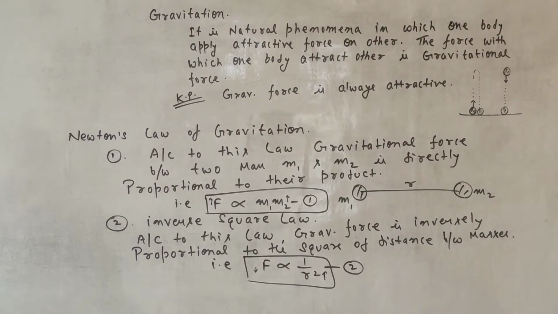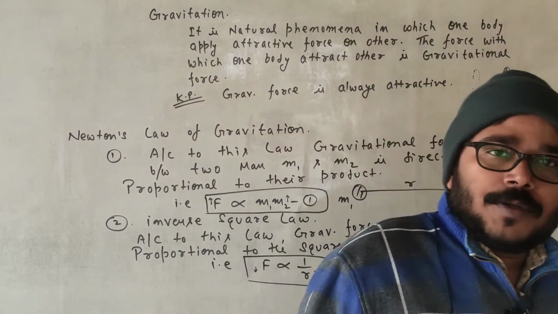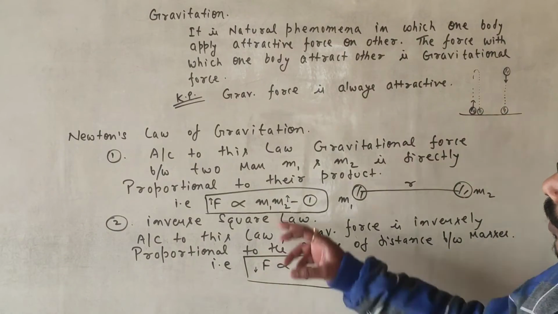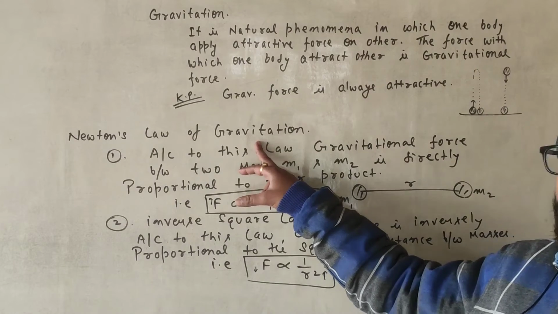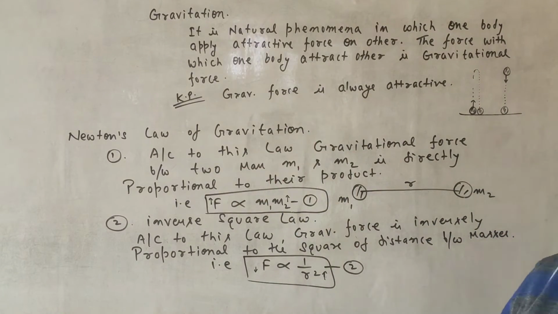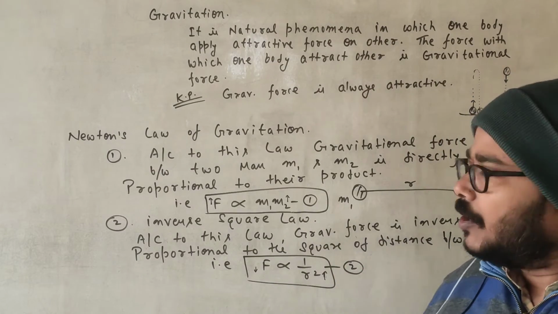Now, Newton's law of gravitation. Now the next topic is the law of gravitation. Why is this topic discussed? After understanding this topic, you can easily find how much gravitational force is acting.